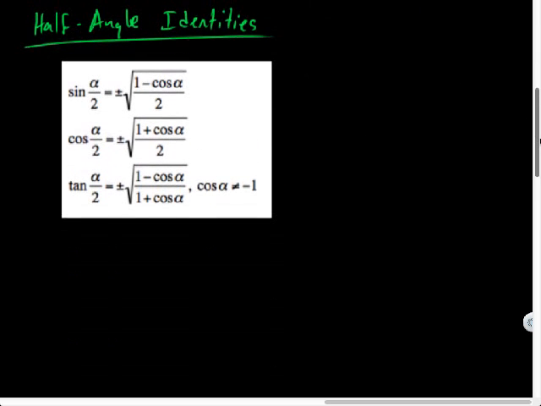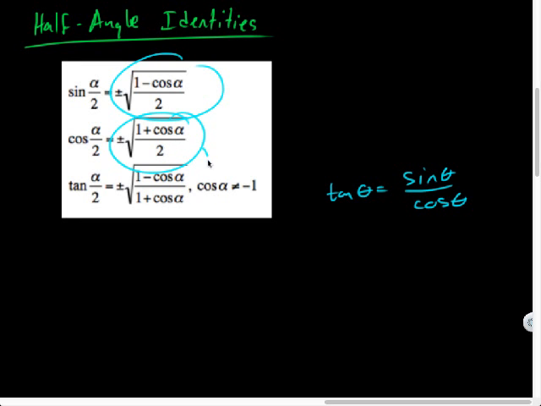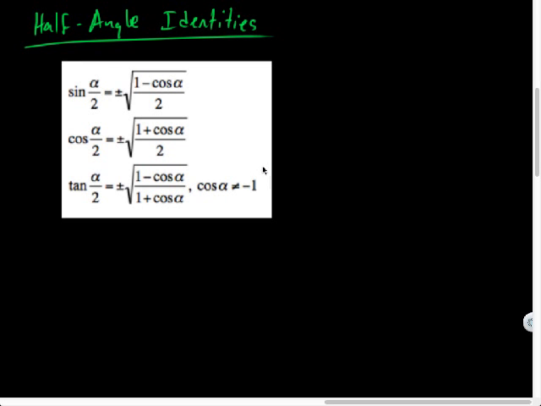So here's my half angle identities. So sine and cosine both derive from the cos 2 theta formulas. And tangent, how do you think we would have derived tangent? Yeah, tan theta is equal to sine over cos, so if I just literally take this and divide by that and simplify, I get the tangent. Now, question, why does tangent have this restriction?